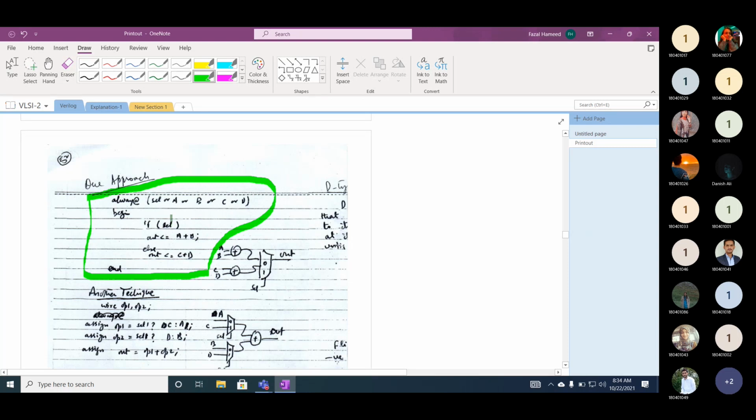If and else: mux. And now you have plus, then adder. So that means now we have a multiplexer, and the multiplexer has a select line of sel. If the condition is true, A plus B. If the condition is false, C plus B.